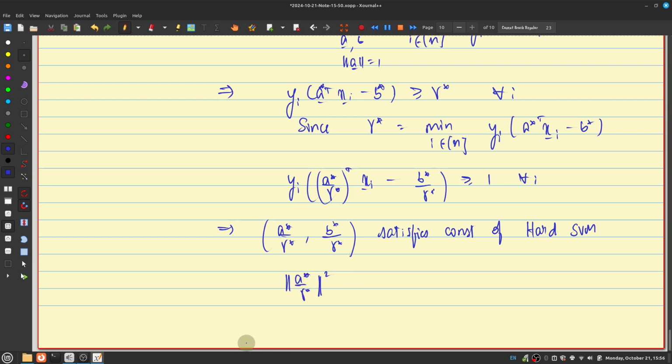Its square is greater than or equal to the norm of A0 square, because A0 is the solution to the hard SVM problem, and it is the one that minimizes the L2 norm among all points that satisfy these constraints. But this is equal to 1 by gamma star square. Correct?